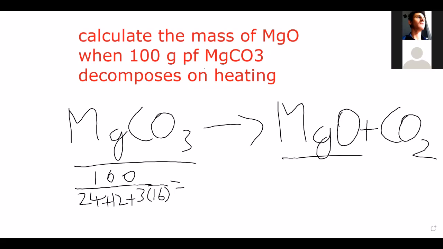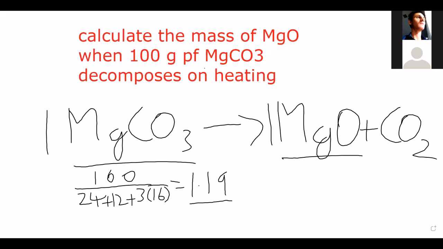So the moles of magnesium carbonate will be 1.19. Now the ratio of magnesium carbonate to magnesium oxide is 1:1. So on using 1.19 moles of magnesium carbonate, 1.19 moles of magnesium oxide will be produced.